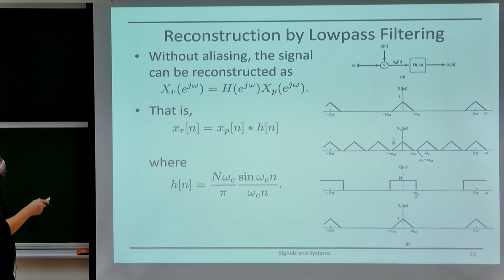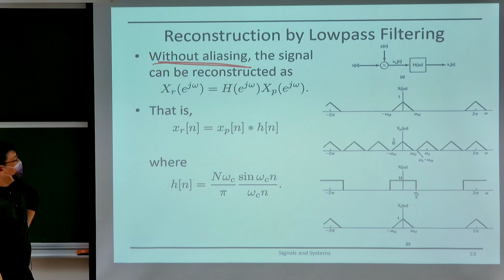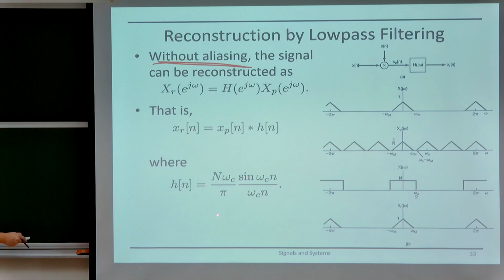Without aliasing, your signal can be reconstructed by passing this impulse train sampled signal through an ideal low-pass filter. In the time domain, this is taking the convolution of this impulse sampled signal with the impulse response of an ideal low-pass filter, which corresponds to a discrete time sinc function.